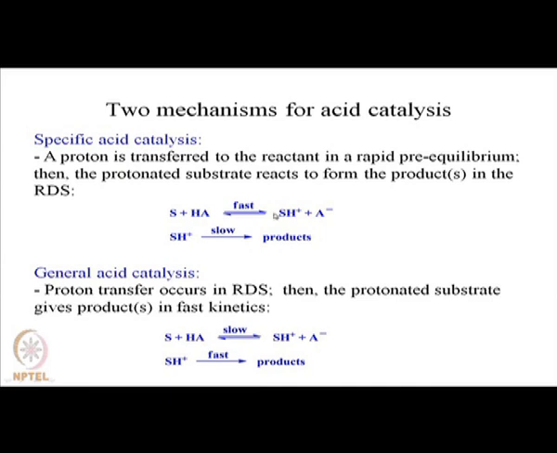So for the specific one, there is a fast pre-equilibrium, and for general acid catalysis, there is slow proton transfer. These are the two situations: specific acid catalysis and general acid catalysis.